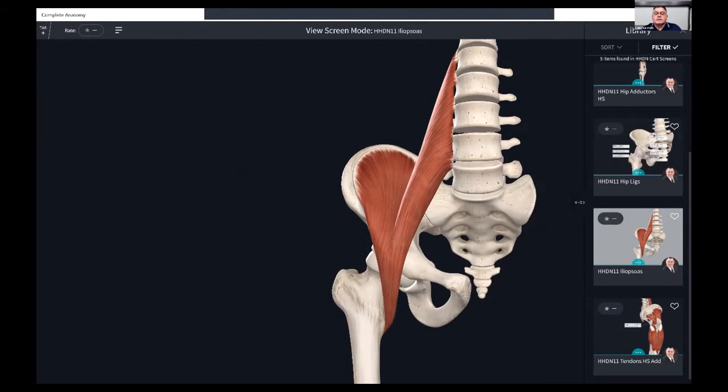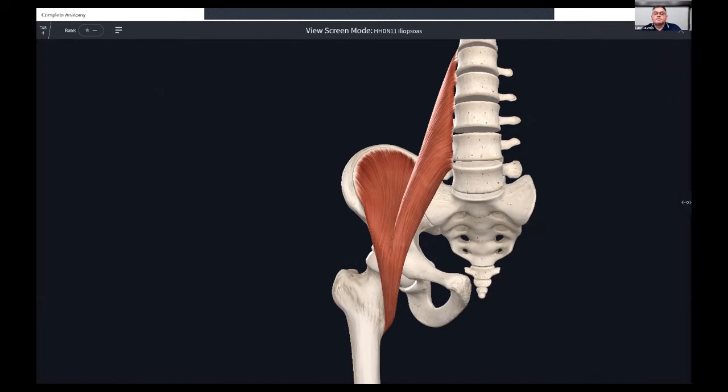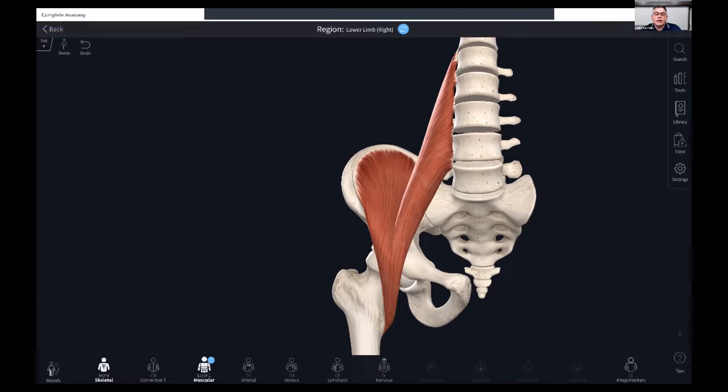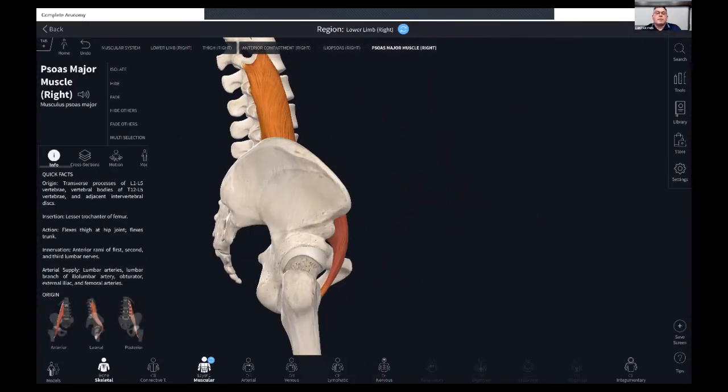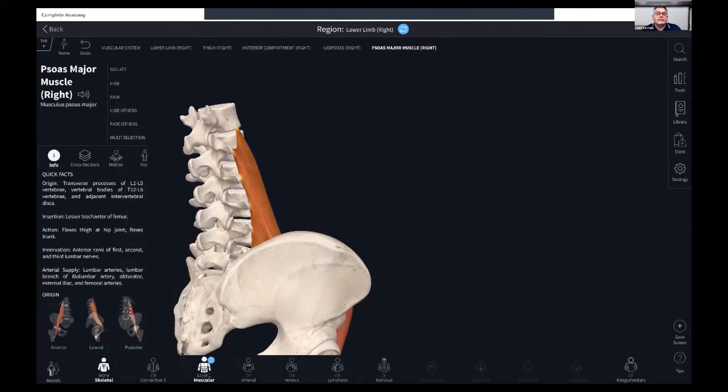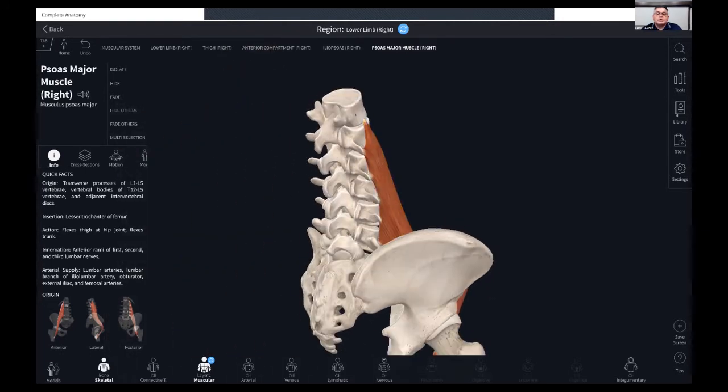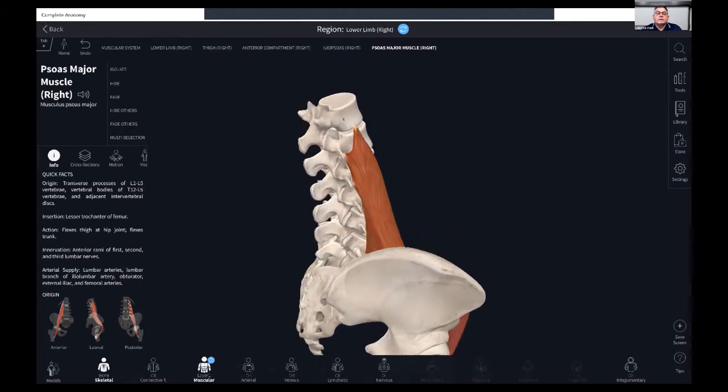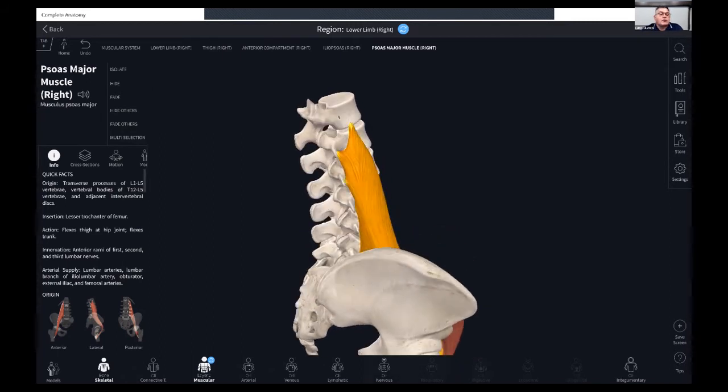So for ilio-psoas, let's start with psoas first. Definitely they work as a unit on the hip. But let's come from a posterior view to look at the origin of psoas: the transverse processes of L1 through L5, and the vertebral bodies of T12 to L5.